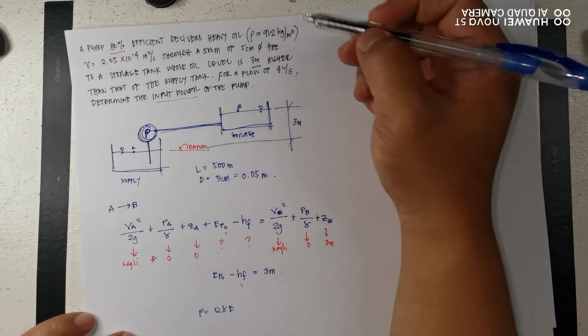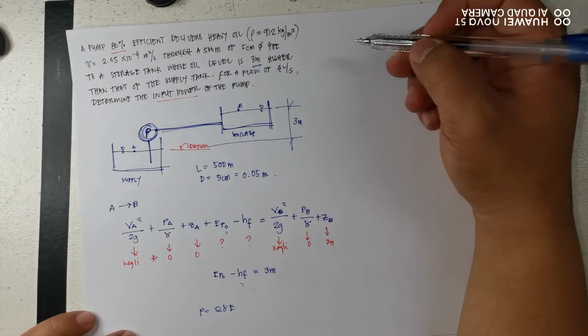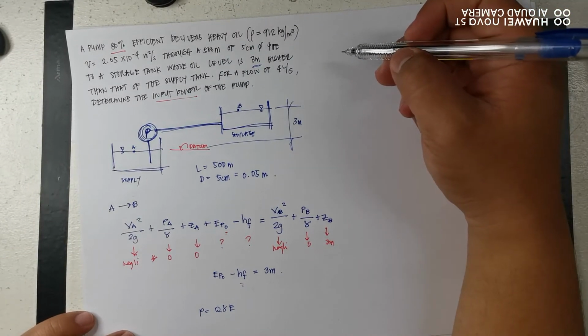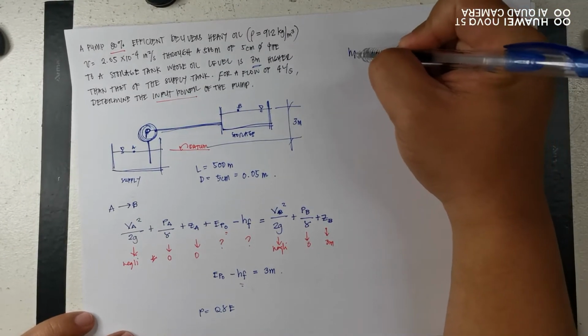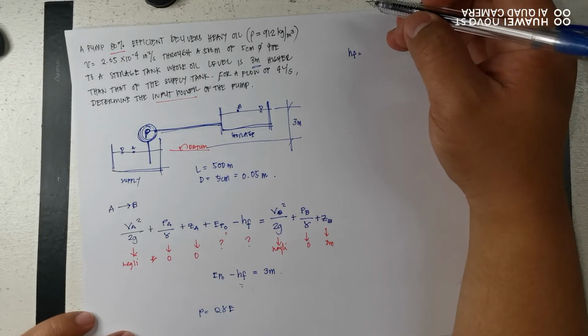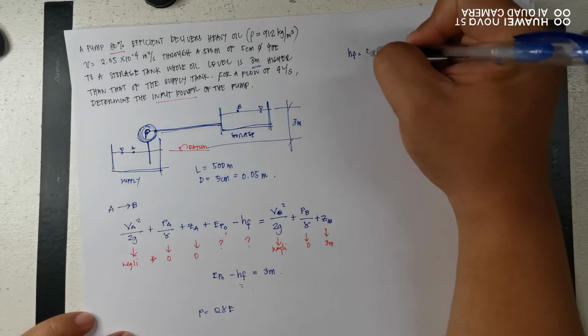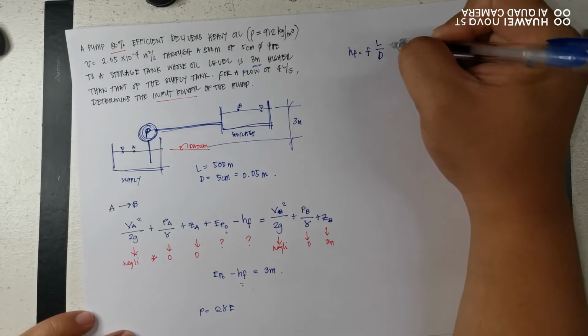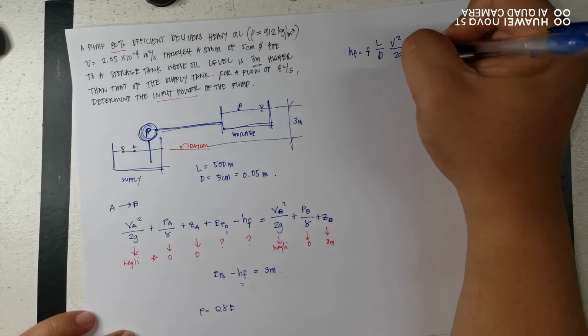So, yung una natin na pwedeng gamitin is si HF is equal to F L over D V squared over 2G.